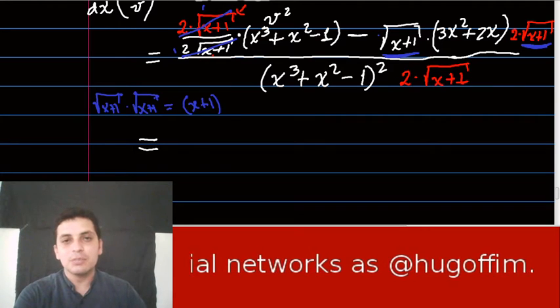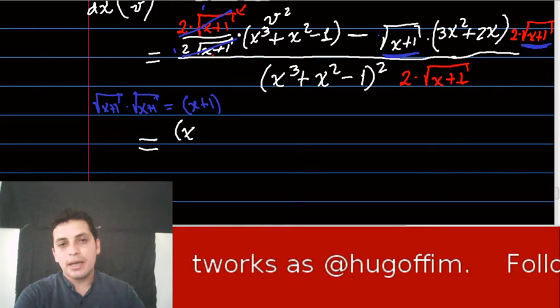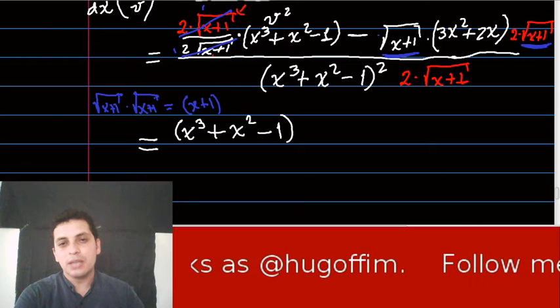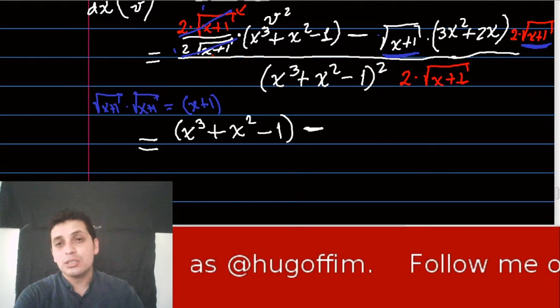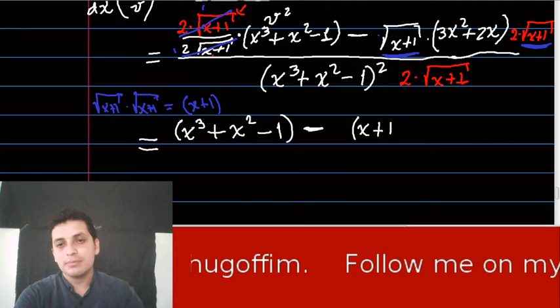At the end of this process we have here 1 times x cubed plus x squared minus 1 minus, remember that these two will be x plus 1.